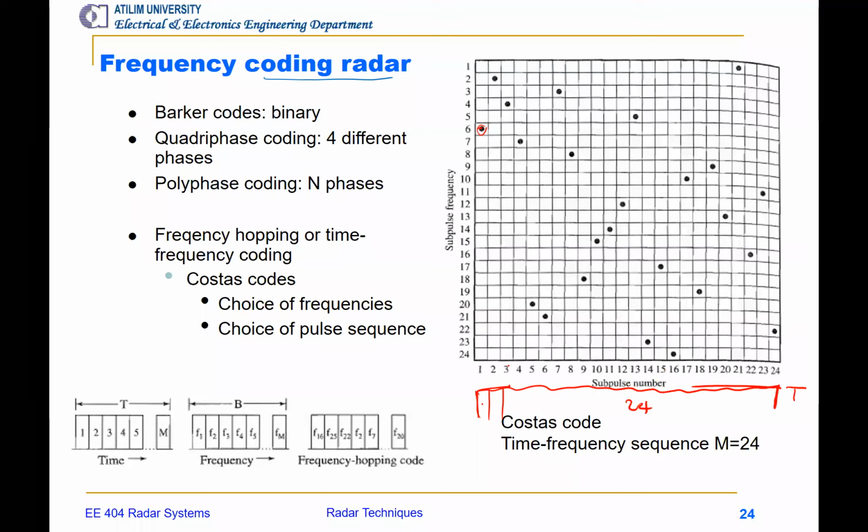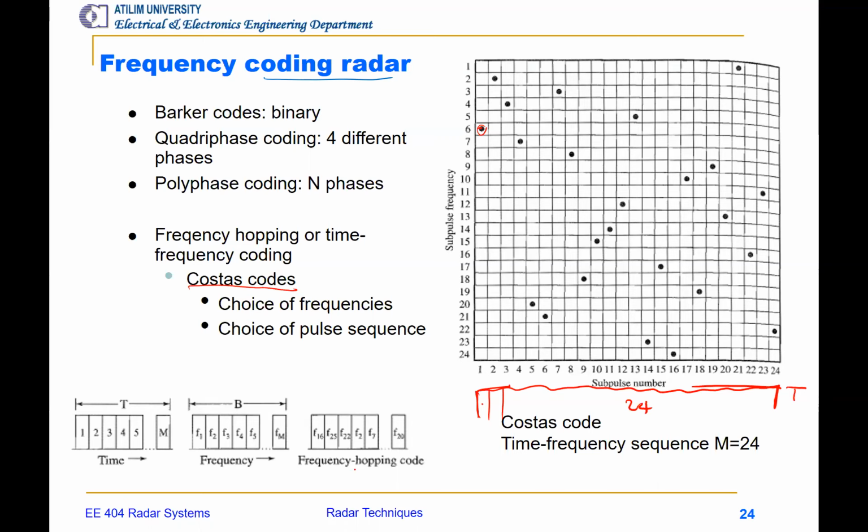There are several such codes called Costas codes. And the order of the frequencies is simply changed. It's very similar in one sense to the phase modulation on pulse.